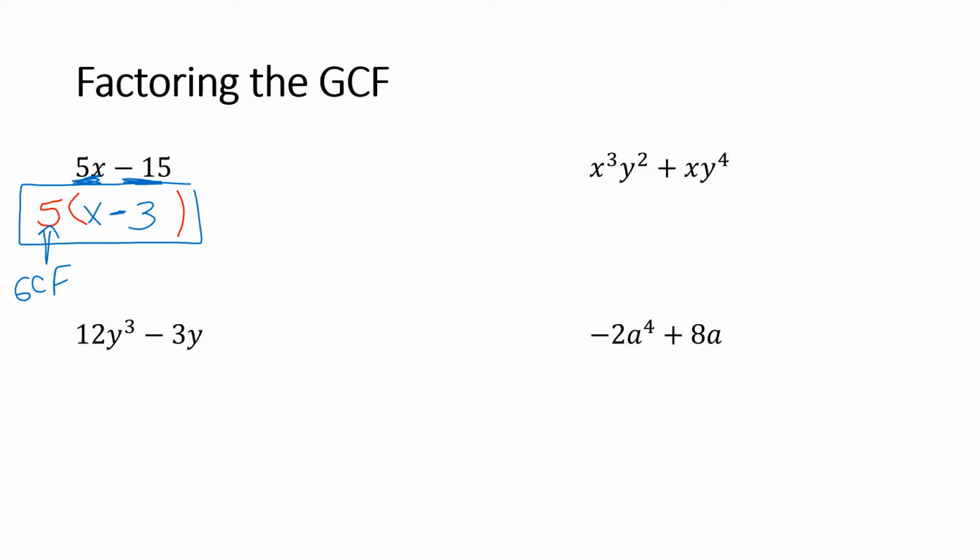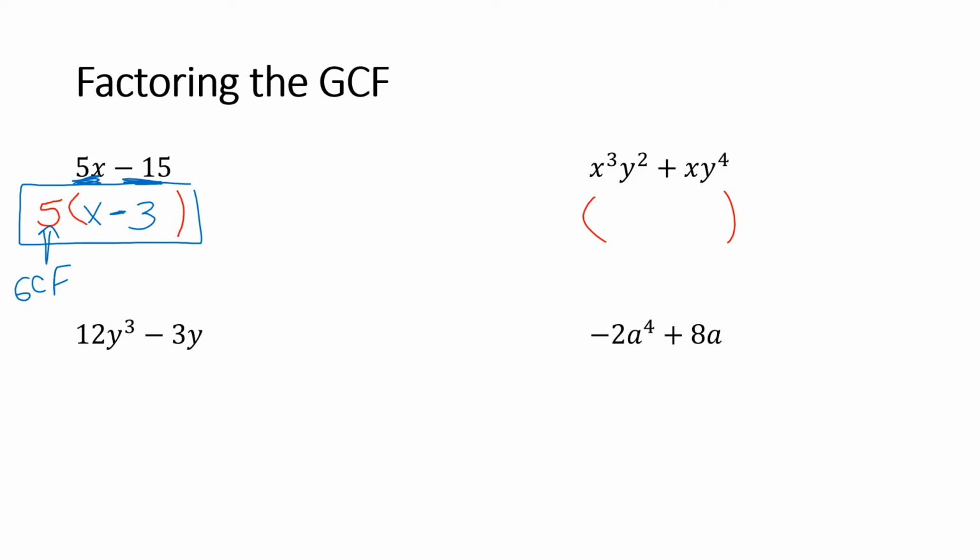All right, let's try that same process with the second example. Here we have x cubed y squared plus xy to the fourth power. Now this one's a little bit more complicated because I have a ton of variables rather than coefficients and constants. So same process though, we're going to start by finding that GCF. We want to know what these two terms have in common.